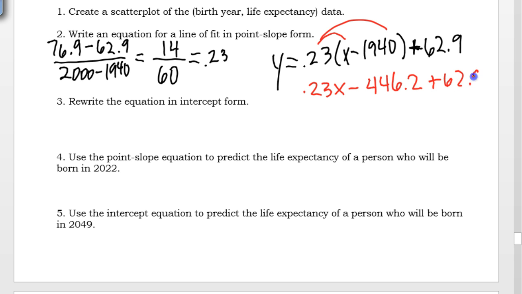And we'll keep y1 at the back. And now we need to combine like terms. That is minus 446.2 plus 62.9.